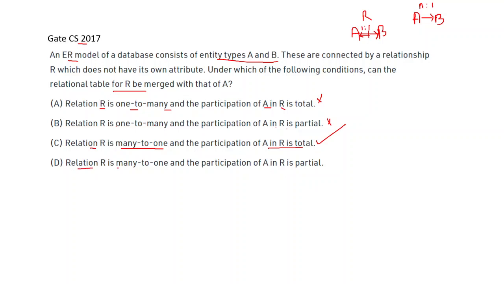Relationship R is many to one, and participation of A in R is partial. Now if you have to be sure that yes, the relationship has to be merged, then this is the safer choice, that relationship R is many to one and participation of A in R is total. Always go for this choice.